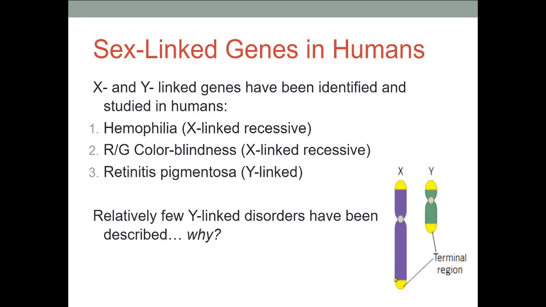And I sort of alluded to this. Why do we think few Y-linked disorders have been described? Well, look how small the Y chromosome is, right? It's much, much, much smaller than the X in humans, and it carries much less information. So it does have a couple important parts, but for the most part, you can survive better without a Y chromosome than you can without an X.